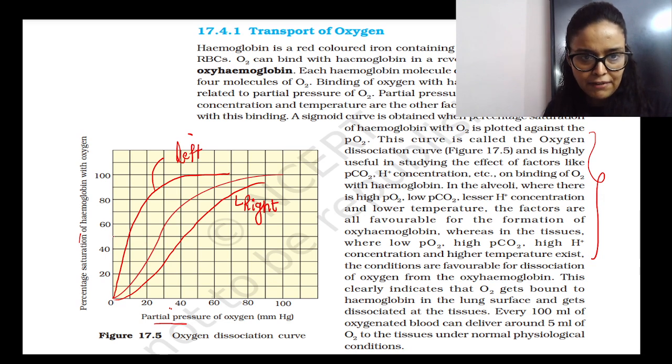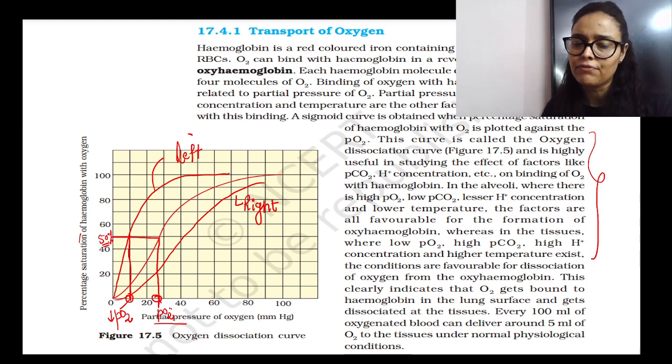So look here, 50% hemoglobin binds with the oxygen at a lower partial pressure of oxygen. That means a lower partial pressure of oxygen than normal is also helping 50% hemoglobin to bind with the oxygen. In normal condition, 25 mmHg partial pressure is required to saturate 50% hemoglobin.